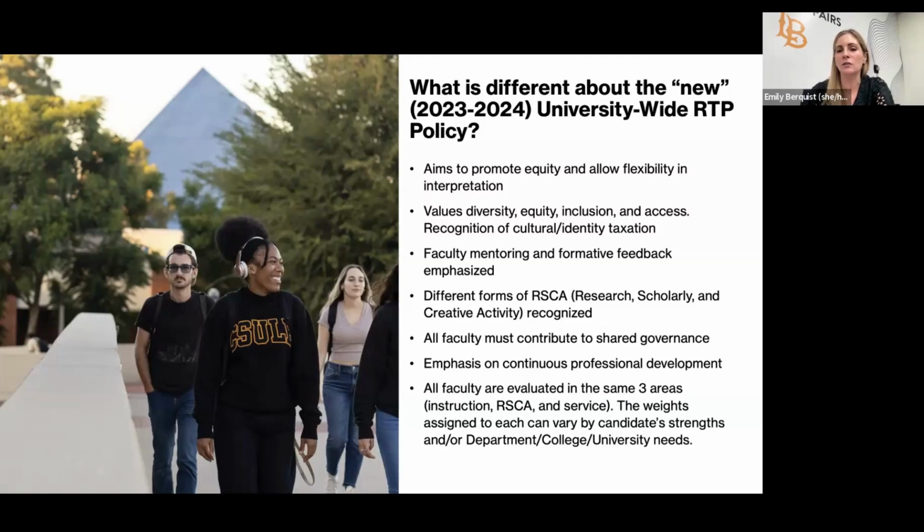So our policy wants to recognize this and give you space to talk about it, because that means if you're spending 3 times as long in office hours, because every student who identifies themselves as part of the same group that you're from comes to your office, whereas I don't have those students coming to my office, right? Then you're doing additional labor. That's not necessarily reflected in your pay scale, but we want to make sure that your additional labor can be accounted for in the RTP process.